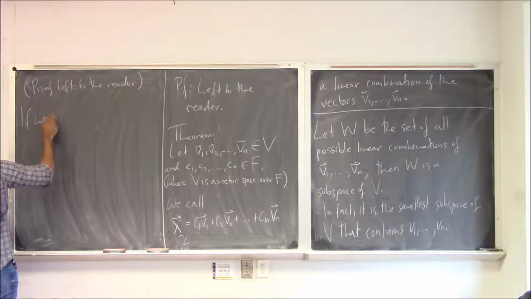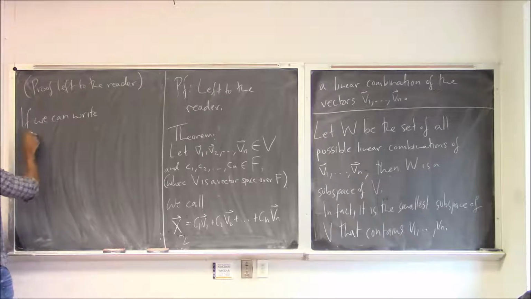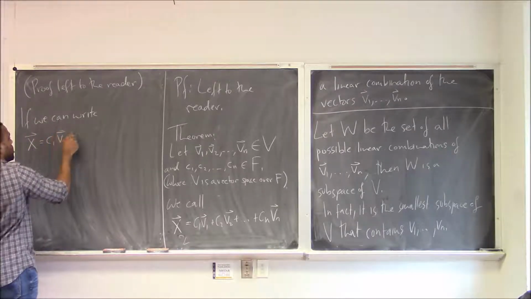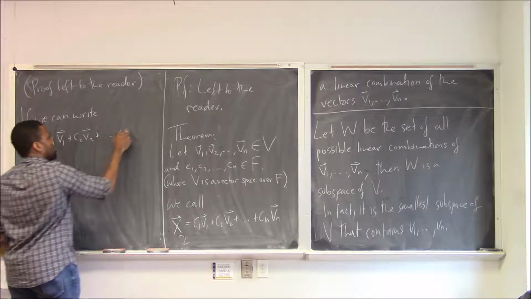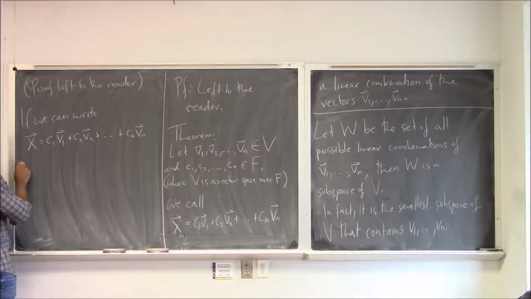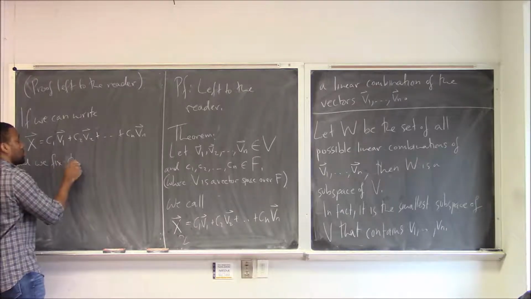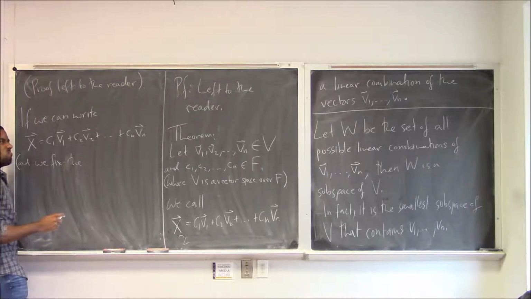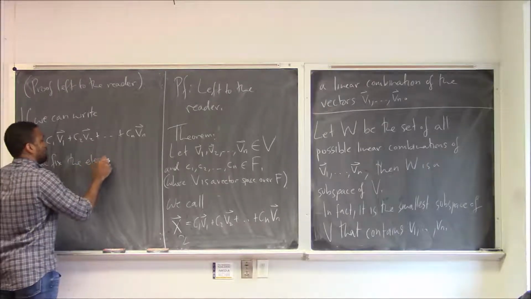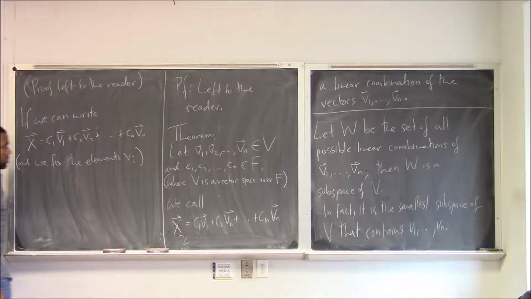Now, if we can write X equals C1 V1 plus C2 V2 plus Cn Vn, and we fix the... so this is kind of getting to the notion of an ordered basis we will talk about.